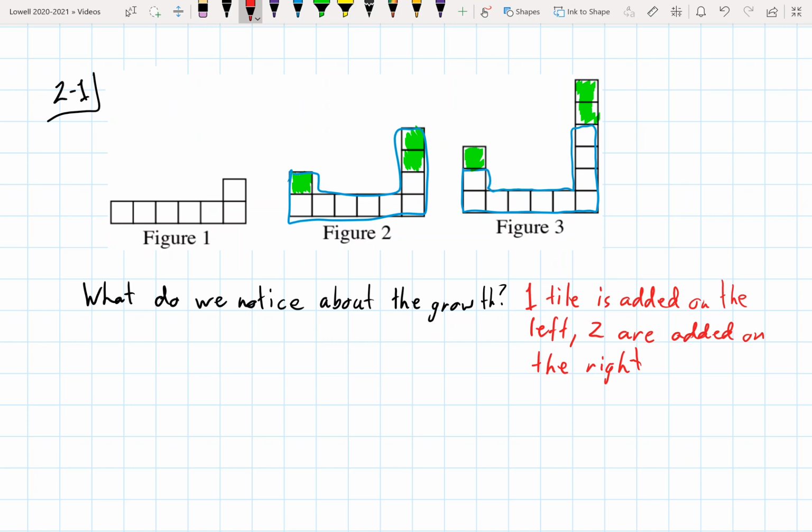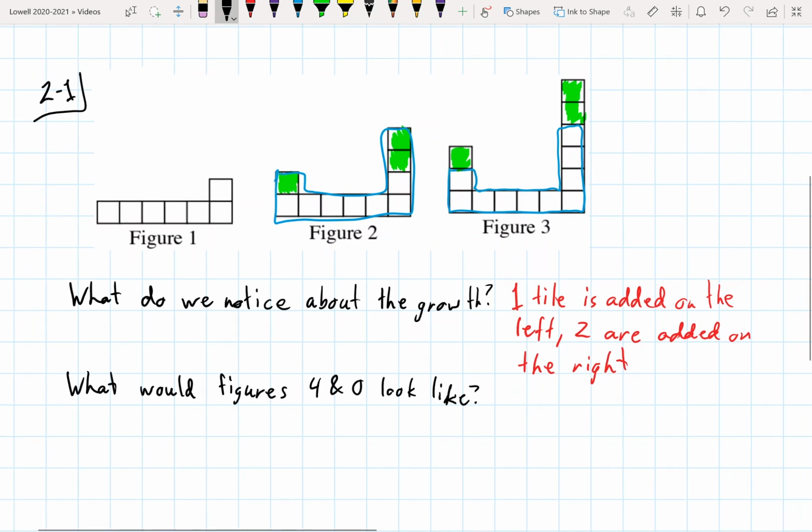Okay, so now the question is, let's think about this. What would figure 0 and figure 4 look like? Well, we could draw them in here, so I'll add figure 4.